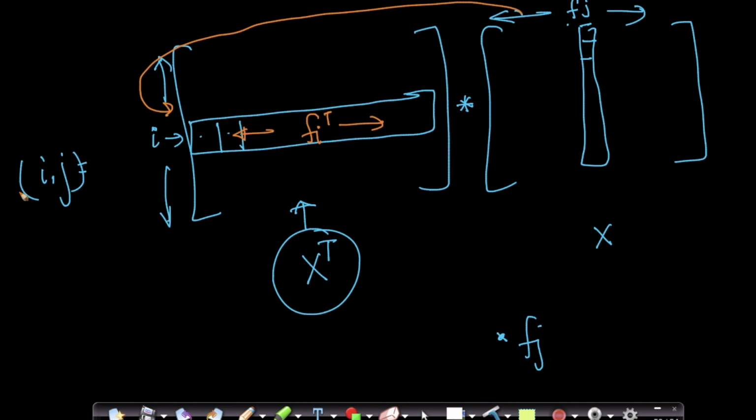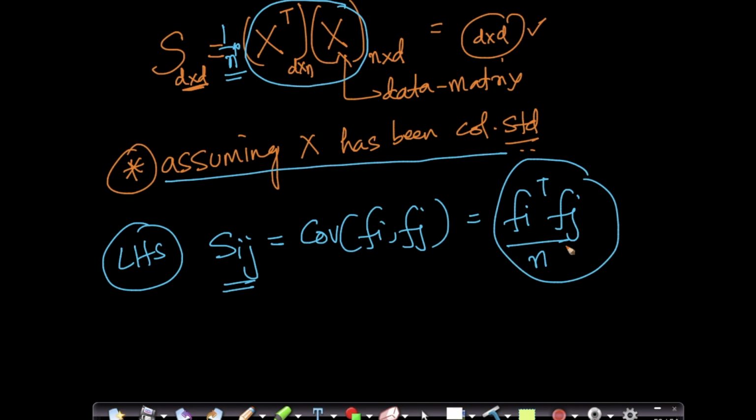So the ijth value of this multiplication is Fi transpose Fj, which is what we wanted to prove. So your Sij is nothing but Fi transpose Fj by n.